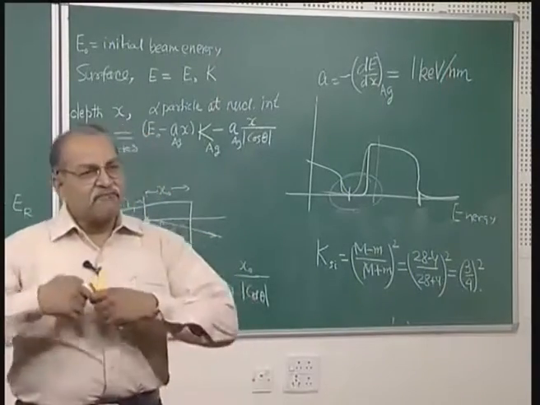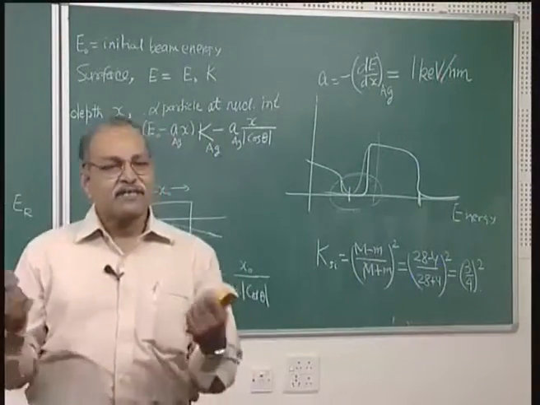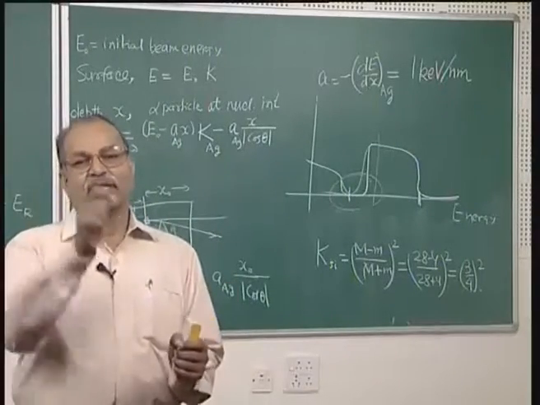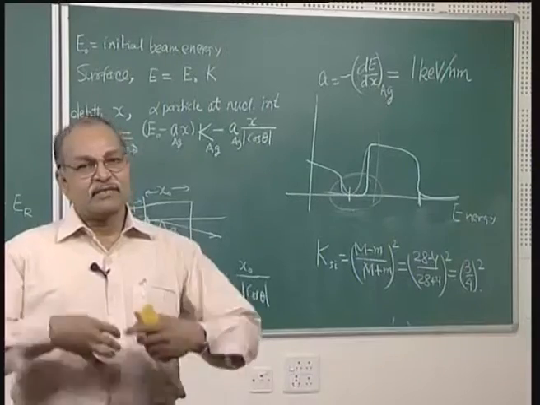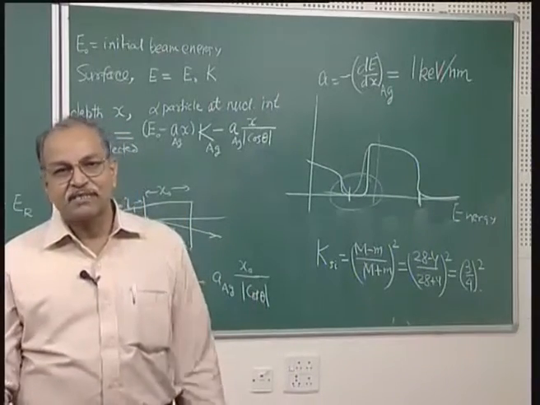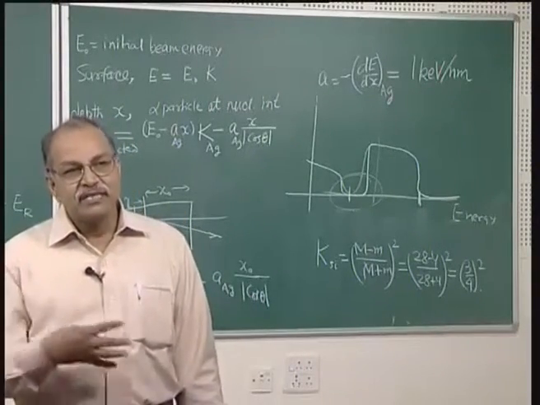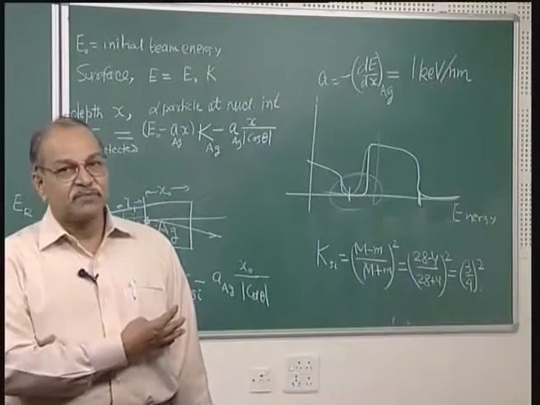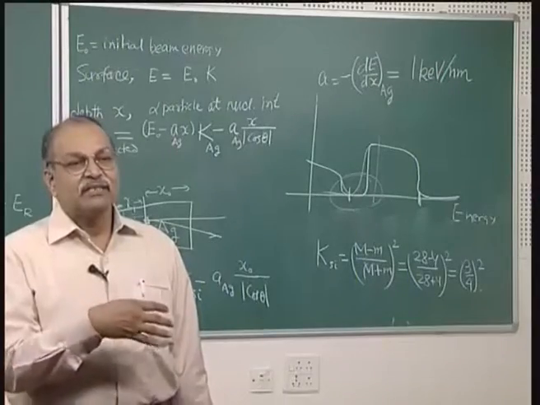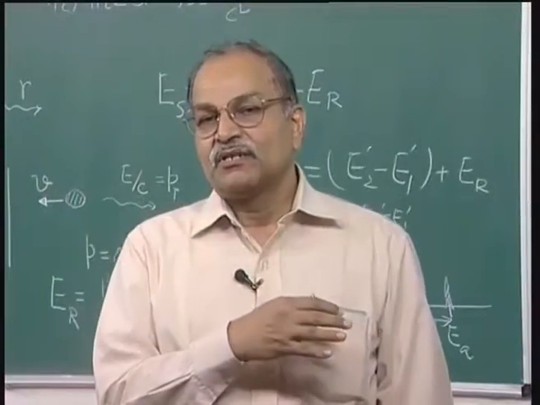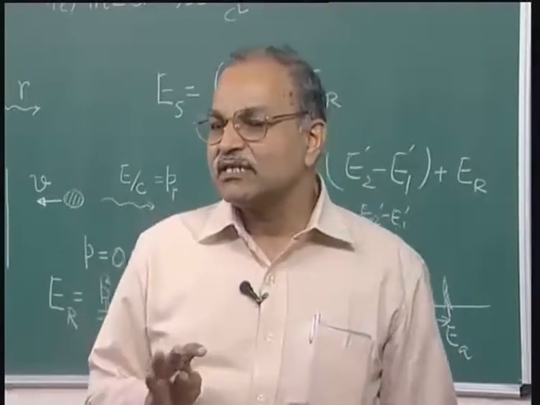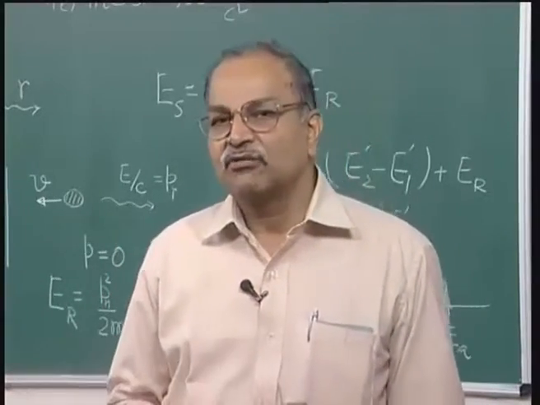I have just taken a very simple case where you have two elements, one say silicon and one silver. But for varieties of samples in which the elements have varying concentration as a function of depth, those things can be quite reliably obtained from this RBS spectrum. It has its own limitations; for very light elements it will not work.